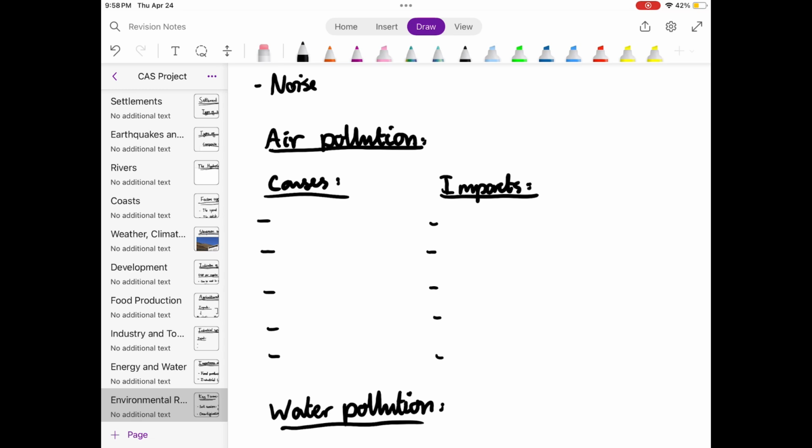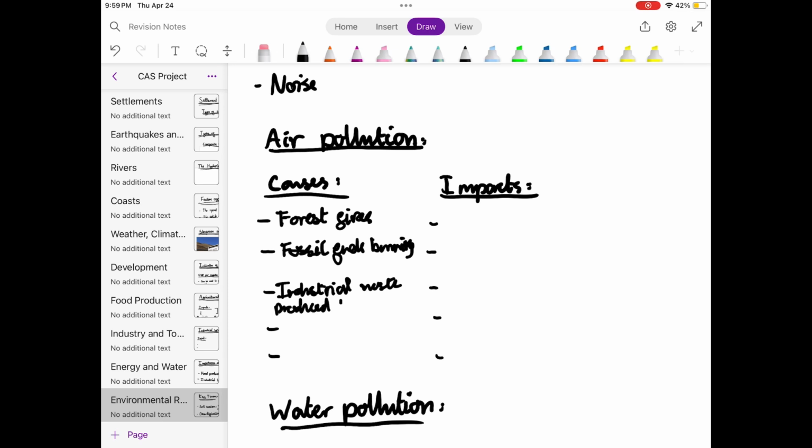And some causes for this could be forest fires. It can also be caused by fossil fuels burning. It can also be caused by industrial waste produced by factories.